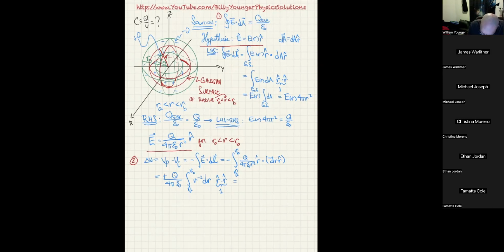So I'm going to make this a minus Q to take care of division by -1 over 4 pi epsilon naught times r to the -1. So that's 1 over r. So I'm going to evaluate it at the appropriate points, which is first the top one. So that's 1 over RB minus 1 over RA.